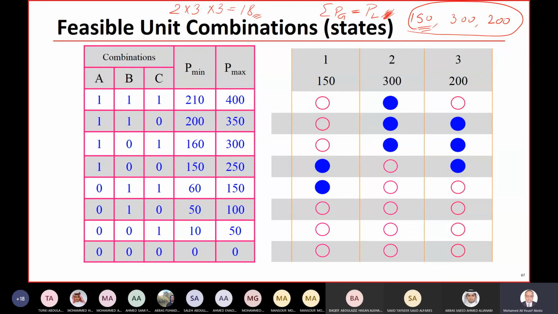Okay, so we have only 18 out of 512. So we end up with only 18, based on this constraint only. And we still have to investigate the other constraints, minimum shutdown time, or minimum start-up time.